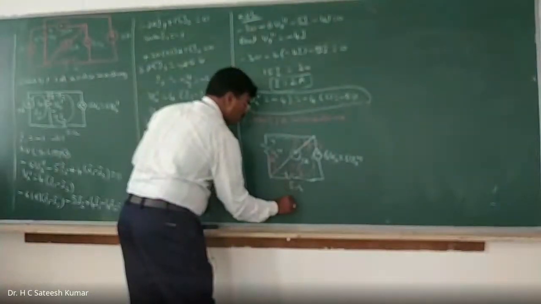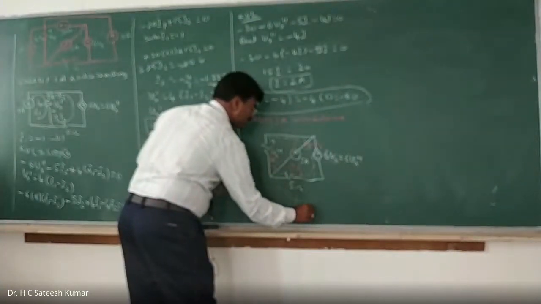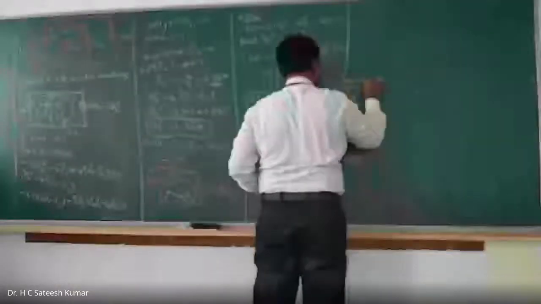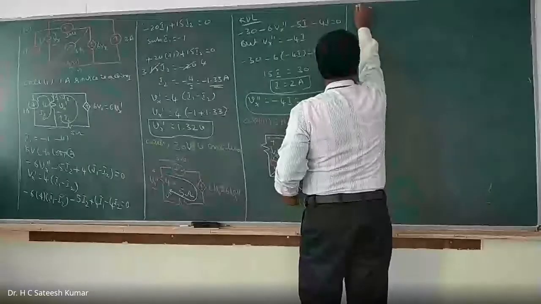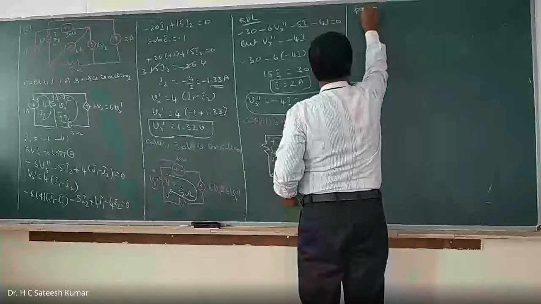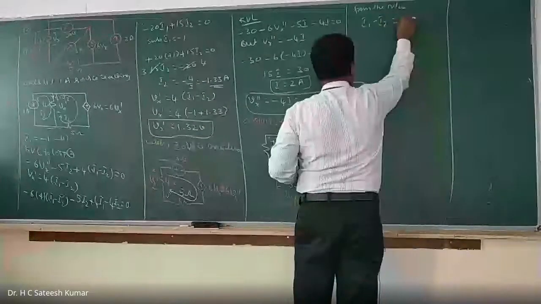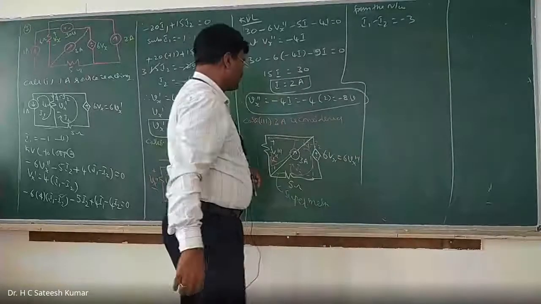From the network, we have I1 minus I2 is minus 3.